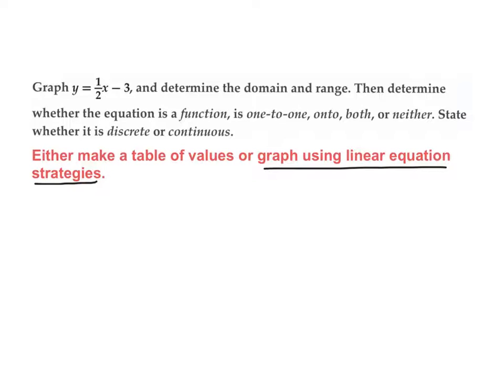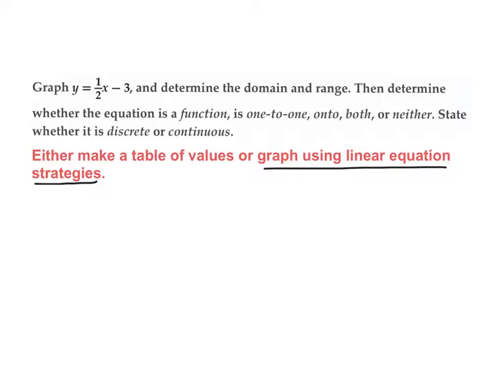So if you are comfortable doing that, you're welcome to use it. I'm not going to prohibit you from using it. In this particular case, this problem is in slope-intercept form, so you could do that. However, what I'm going to show you is a table of values because, like I said, this is something that we're going to cover later in this chapter.